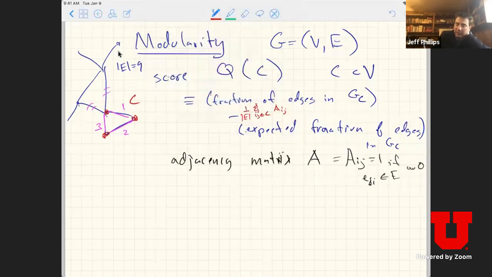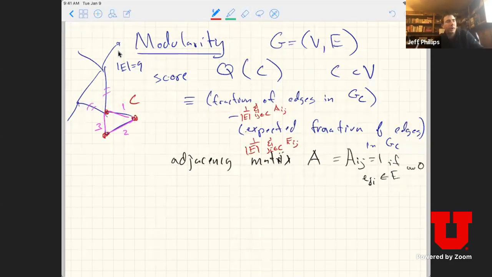For the expected, I'm going to define another matrix. So I'm going to write 1 over E, the sum over ij in C of E_ij.